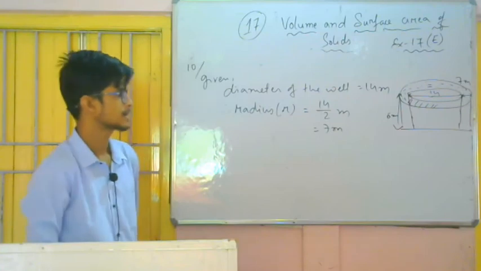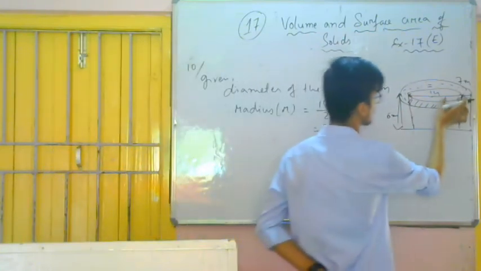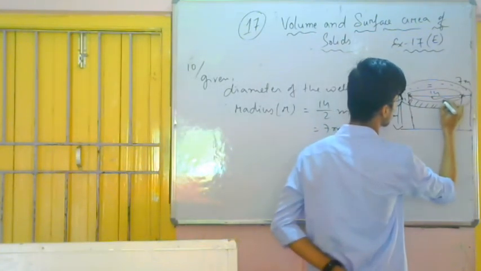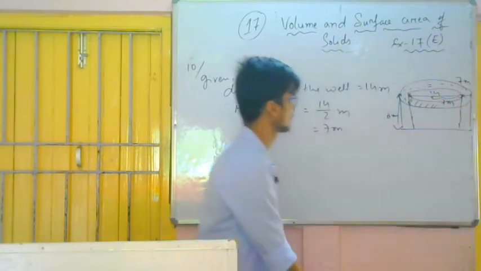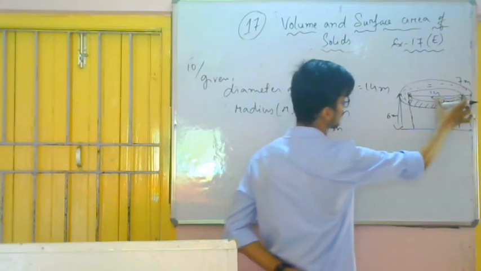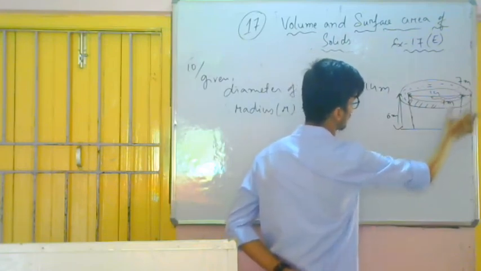So radius is 7 meter, from here to this portion it is 7 meter, and this portion again 7. So this is the internal radius, okay.